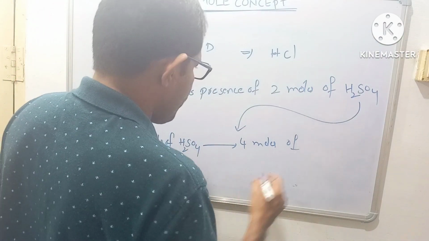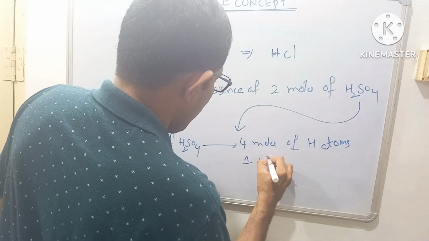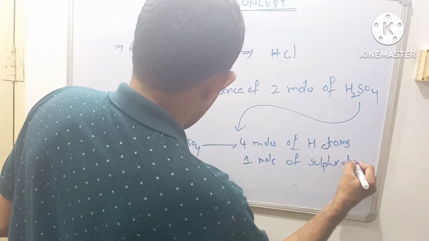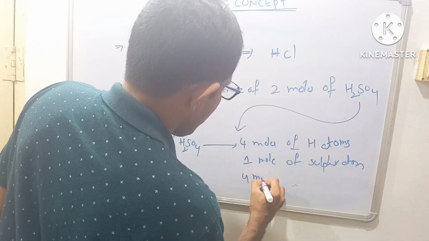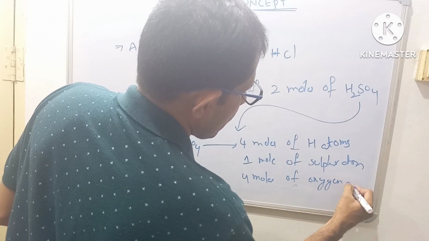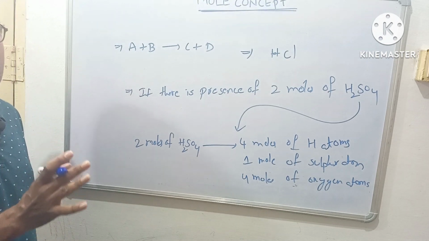So there is presence of 4 moles of H atoms and 1 mole of sulfur atom, and 4 moles of oxygen atoms. So these 3 concepts will be very much useful while solving the problems.